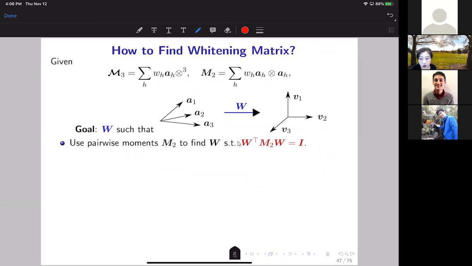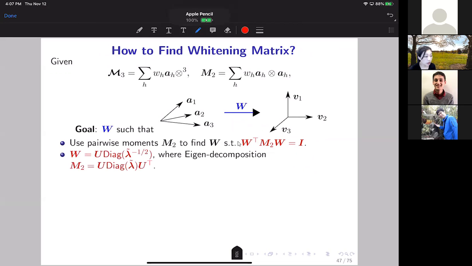You can actually show that if you make that happen, then you would make these vectors orthogonal to each other. Okay, so this is the basic idea.